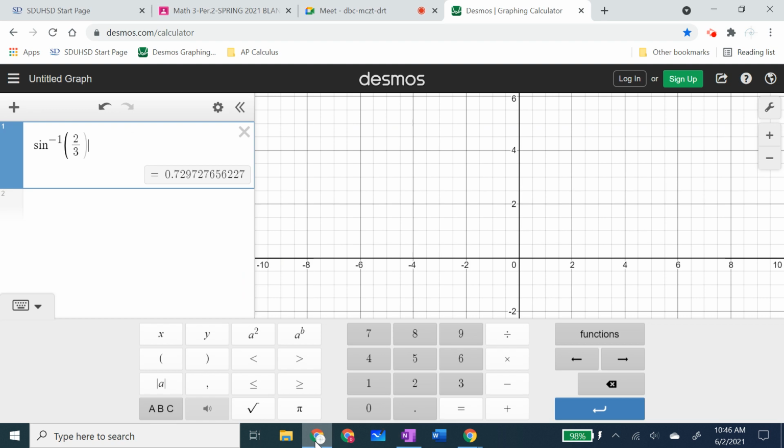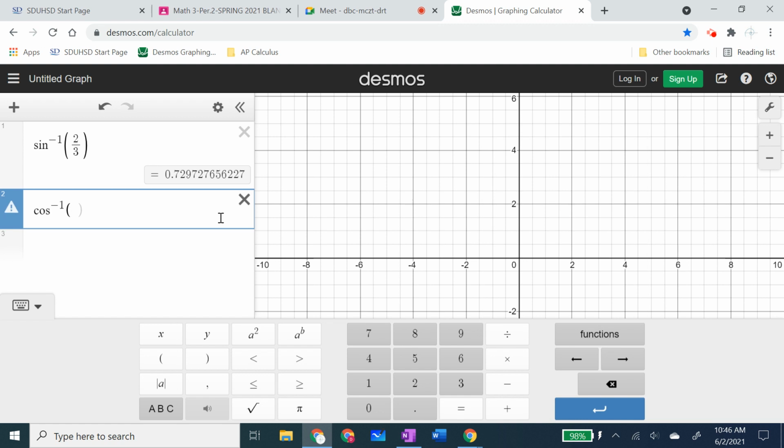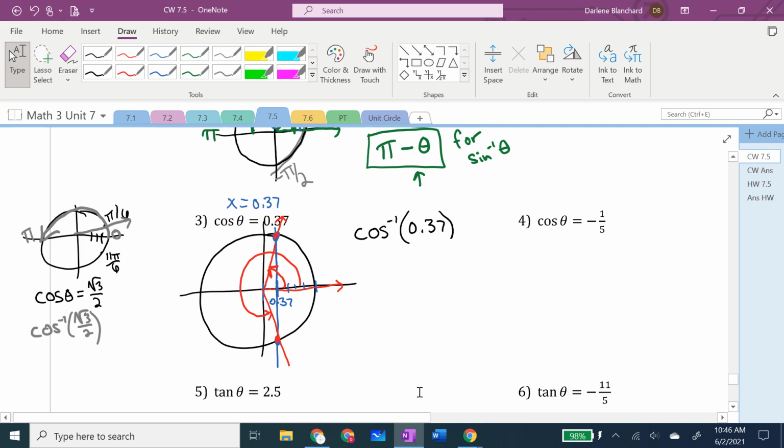So I'm going over to Desmos, inverse cosine and 0.37. And I get that the angle measured in radians is 1.19. That is then this angle.